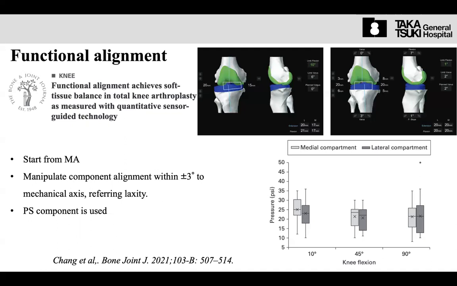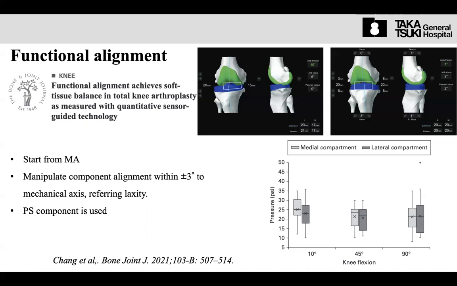That is the difference. The preoperative articular surface doesn't matter in this functional alignment philosophy. That is quite different between functional alignment and kinematic alignment. The final goal of kinematic alignment is to reproduce the pre-disease articular surface using the component.